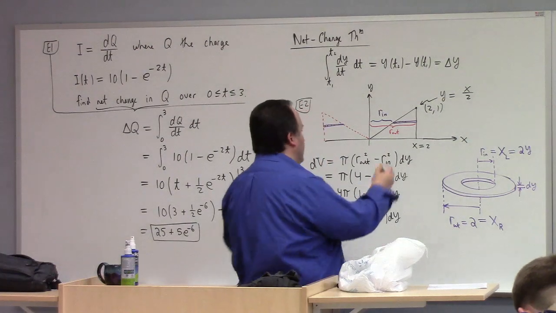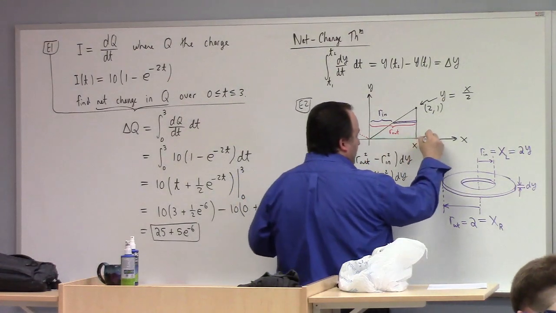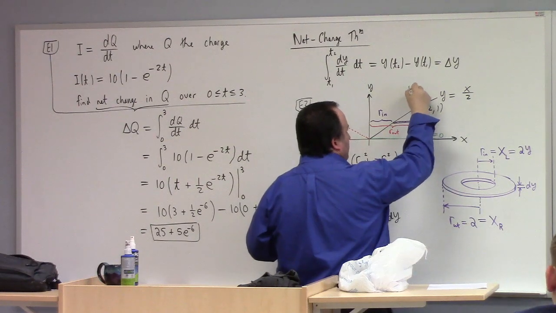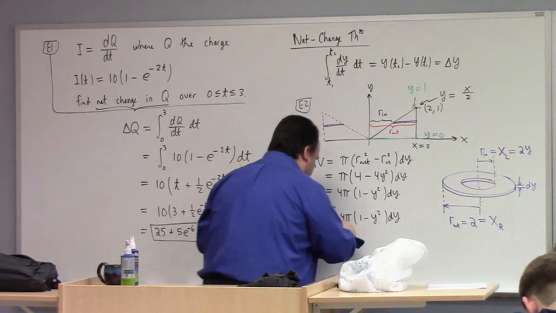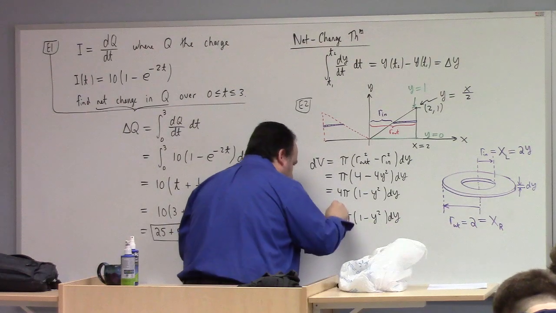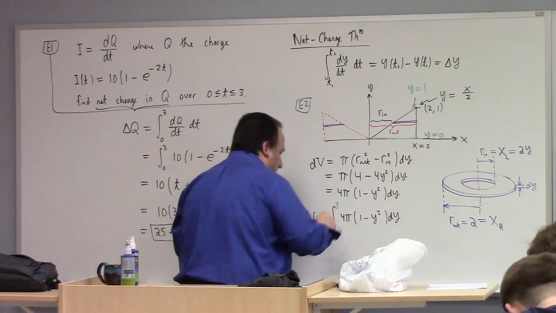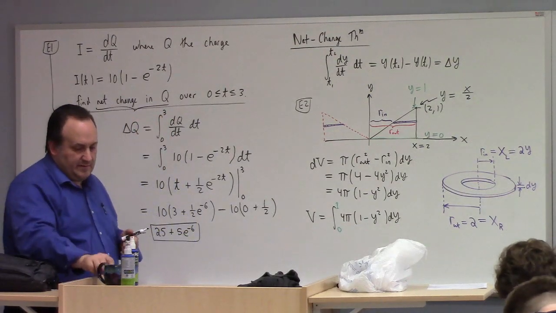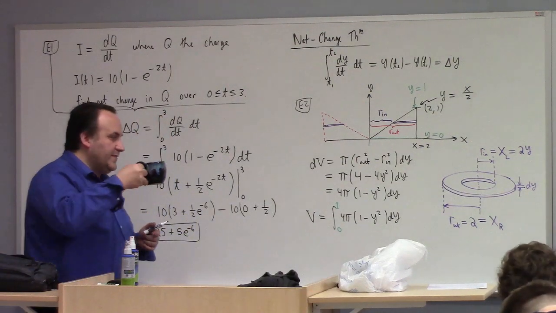This right here is y equals 0, and this right here is y equals 1. So that's why the integration bounds go from 0 to 1. And to answer your question a little more seriously, that's why the picture is important. We need to draw this picture so that we can come up with the bounds correctly.